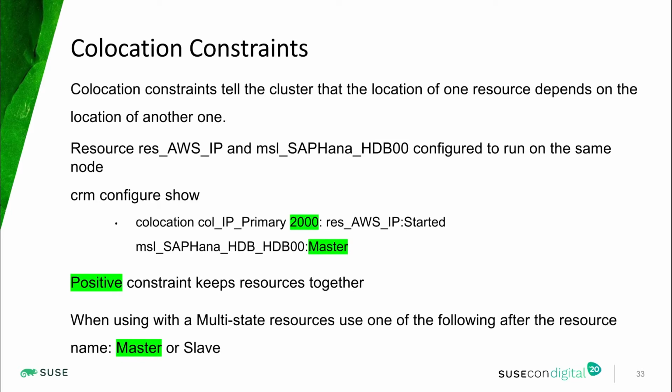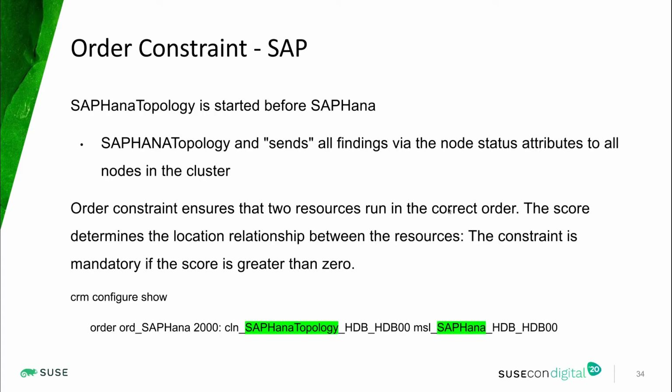The col IP primary colocation constraint sets the floating IP resource agent to run on the same node that runs the master or primary SAP HANA database. And the ord SAP HANA order constraint ensures that the SAP HANA Topology resource agent starts before starting the SAP HANA master slave resource agent.